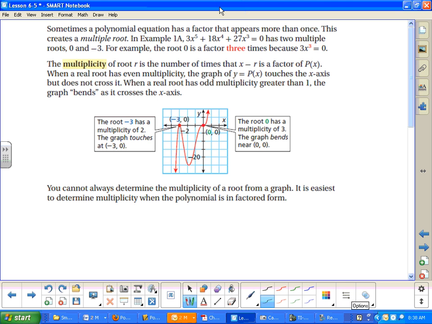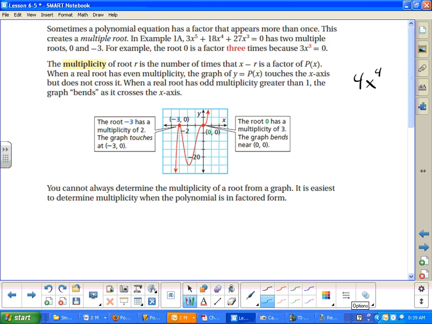Sometimes a polynomial equation has a factor that appears more than once. So for instance, we just had 4x to the fourth in that one example, didn't we? So there the factor x actually appears 4 times, because of the x to the fourth. This creates what's called a multiple root. In example 1a in your book, 3x to the fifth plus 18x to the fourth plus 27x cubed equals 0 has two multiple roots of 0 and negative 3.